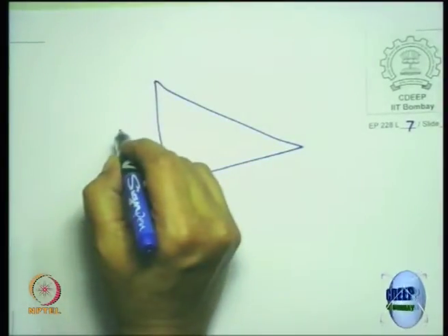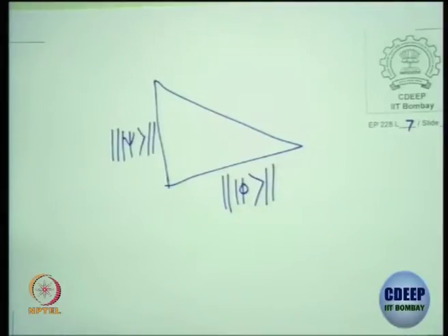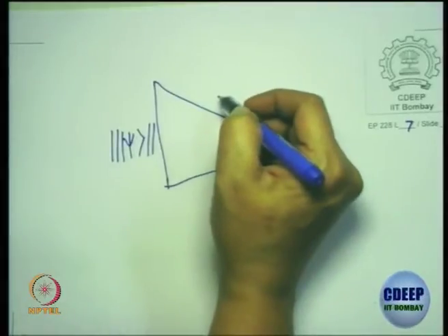Call one vector as norm of psi and norm of phi. That's the length of this side of a triangle. Then what will this be?